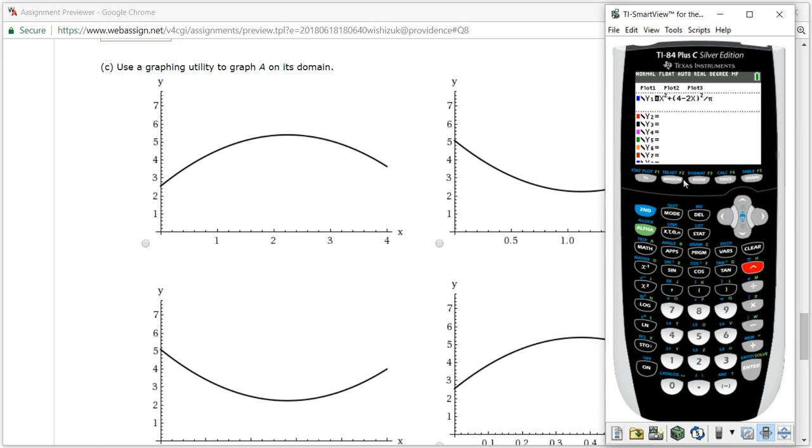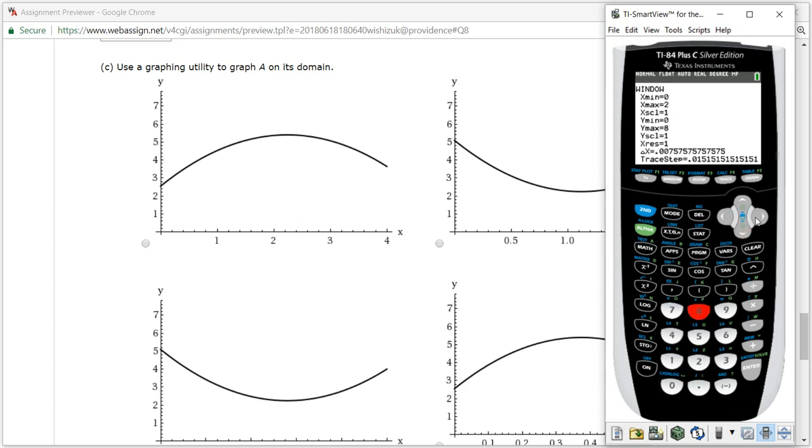The window is going to be from 0 to 2, so x min is 0 and x max is 2. I don't know the y values, so I'm going to try 0 and maybe 10 or 8 or something like that. I'll probably do 8.